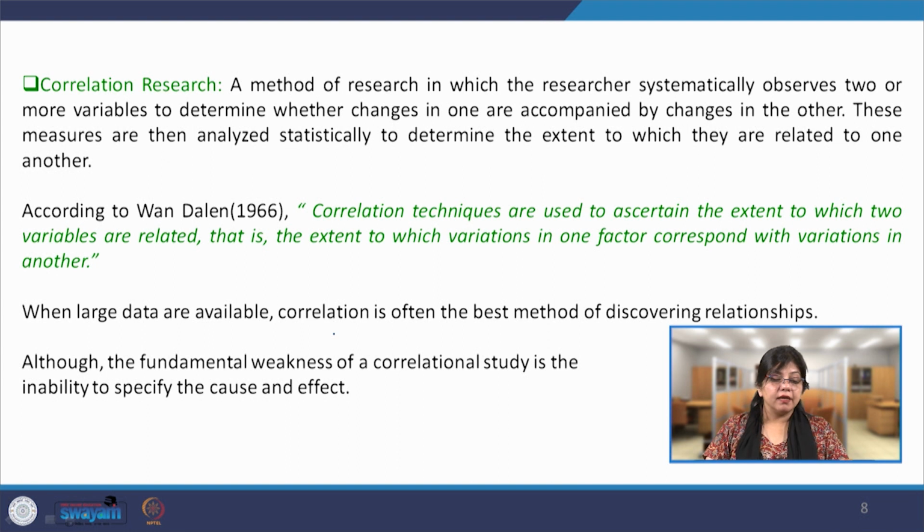When large data are available, correlation is often the best method of discovering relationships. That means the larger the data, the more variables there are to be studied, and how every variable can be studied based on establishing a relationship among variables becomes the relevance of correlation research. The fundamental weakness of correlation study, though, is the inability to specify cause and effect.